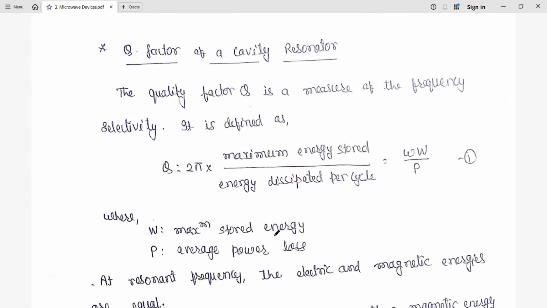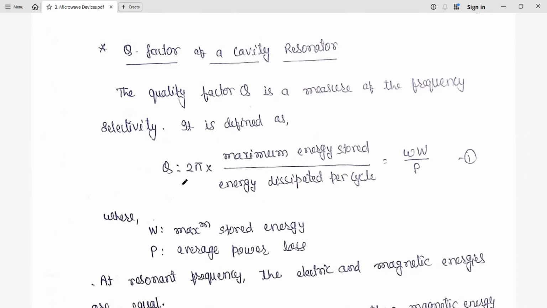Now we are discussing the quality factor of cavity resonators. By definition, you know that the quality factor also measures the frequency selectivity. This is another parameter.